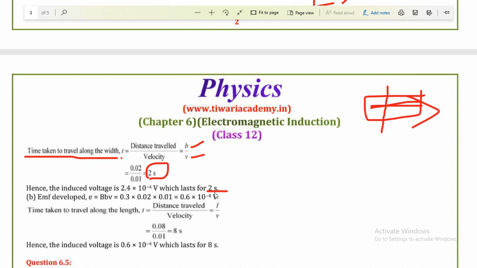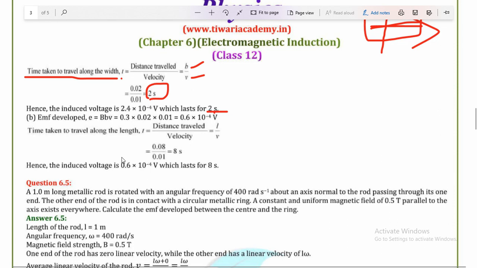Now in the second case the formula is the same but the side is changed. So the length of the loop becomes the width of the loop, and that is 0.02. Other quantities remain the same, that is B is the same and velocity of the loop remains the same. So the EMF induced in this loop is 0.6 × 10^-4 volt.